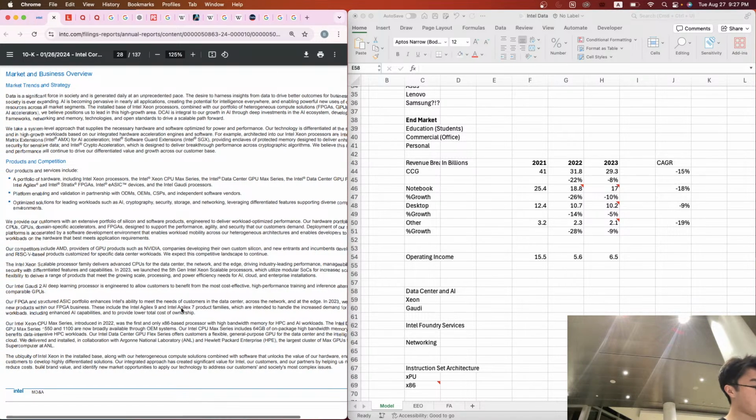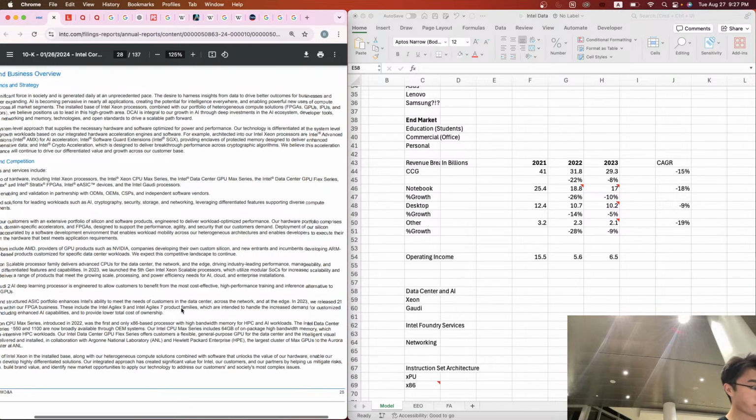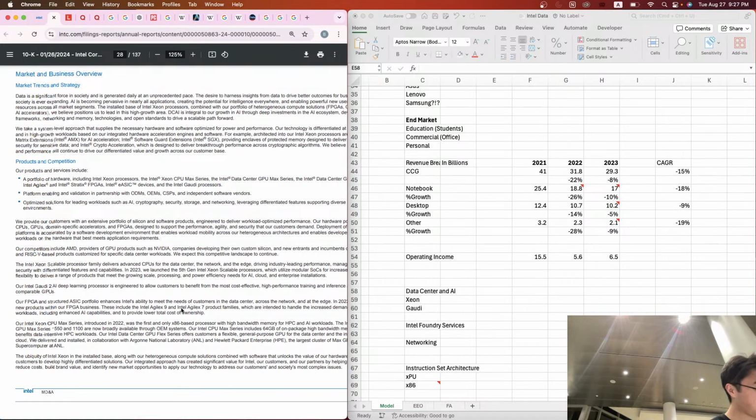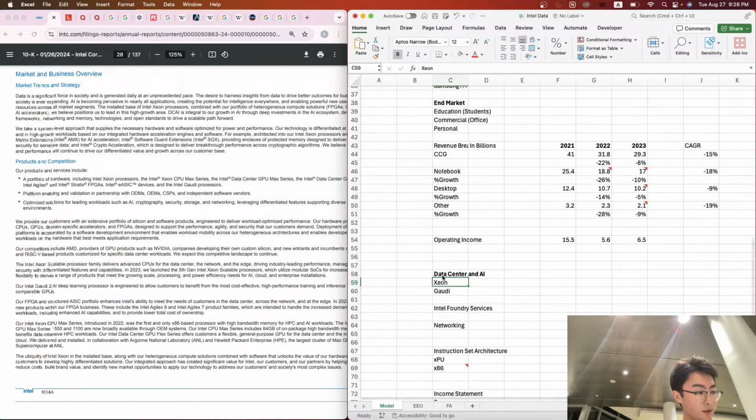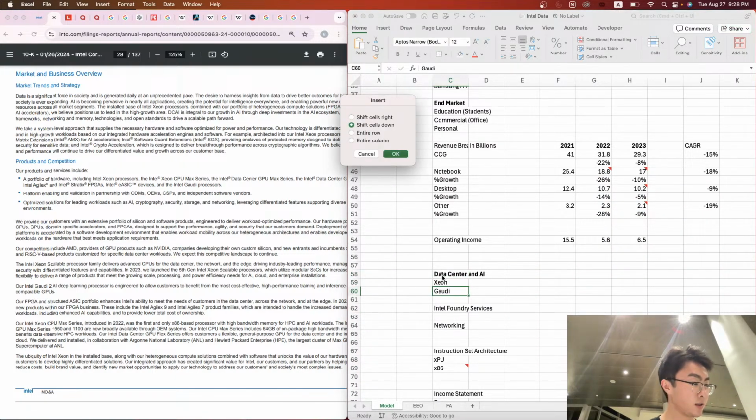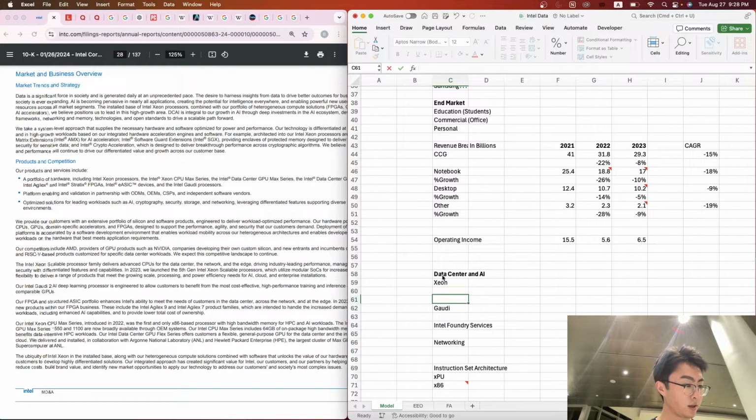Right, Shift F5. Okay, so Xeon. Let's shift cells down real quick.